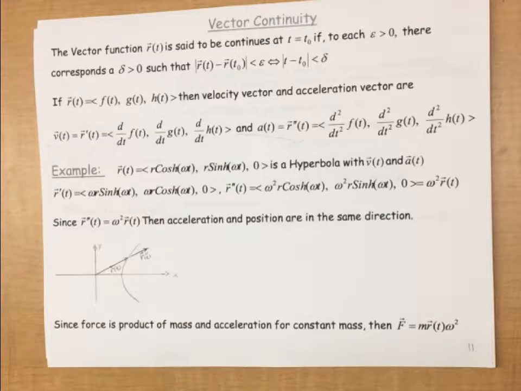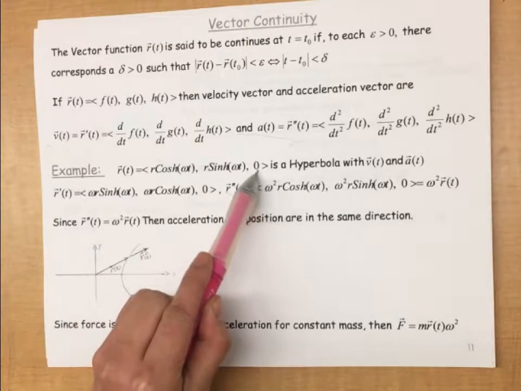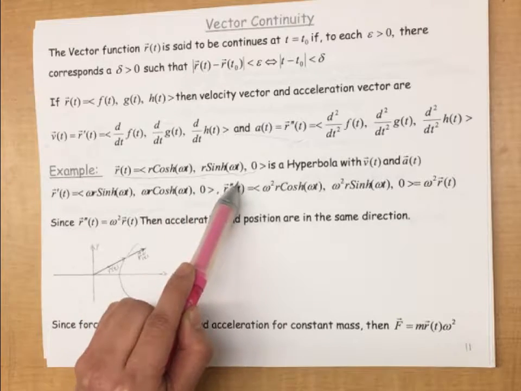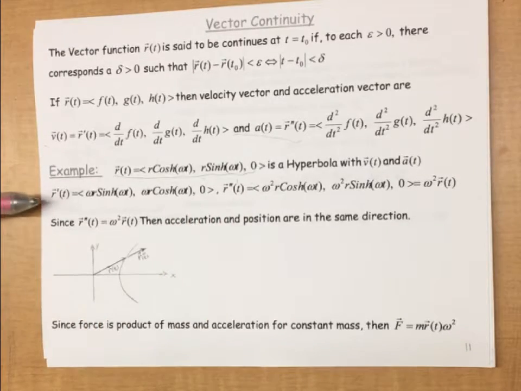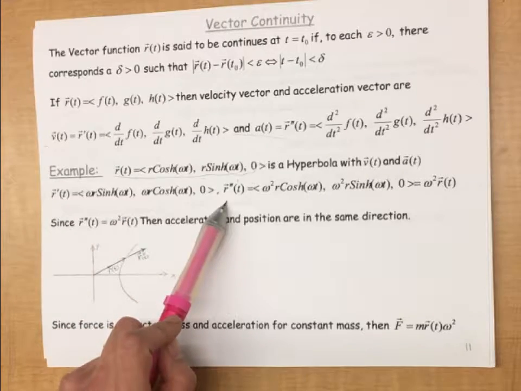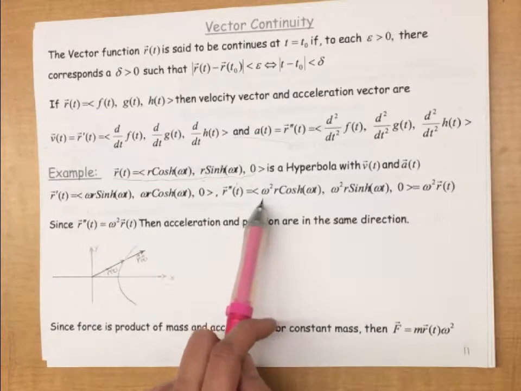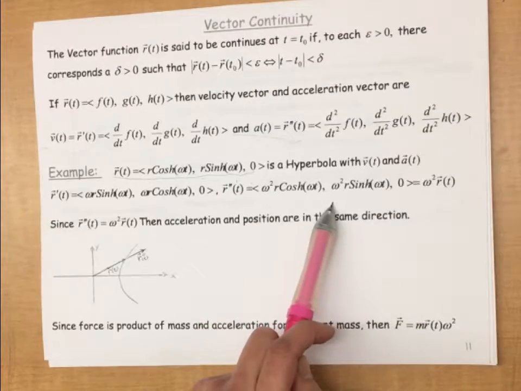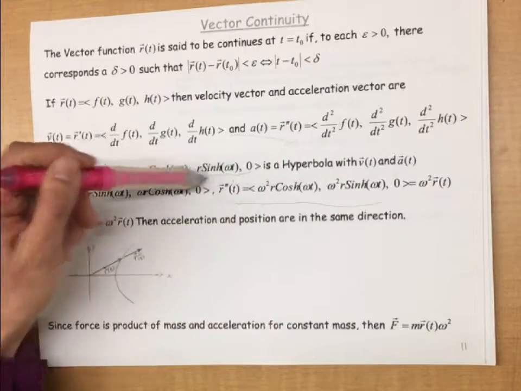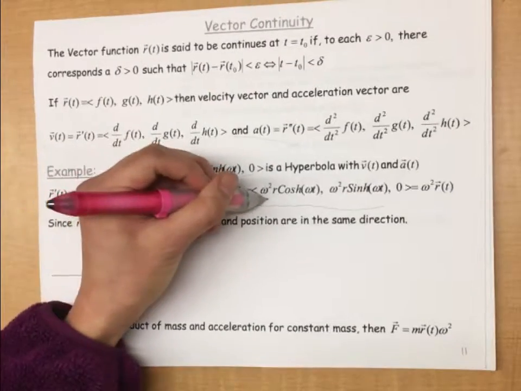And then if we see an example of that, we're given r of t is r cosine omega t, r sine omega t, and 0, and then when we take the r prime of t, we get omega in the front, and then if we take the double prime, then we come out with omega squared in each of them. And if we see that this equation is similar to over here, the only difference is that we have this.